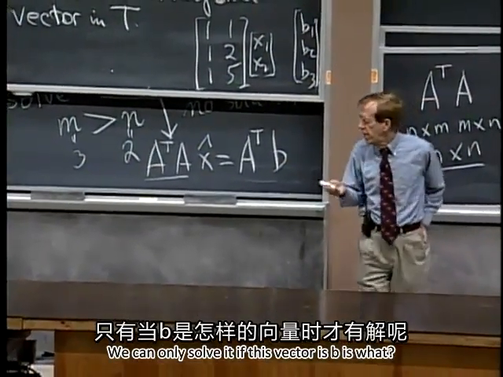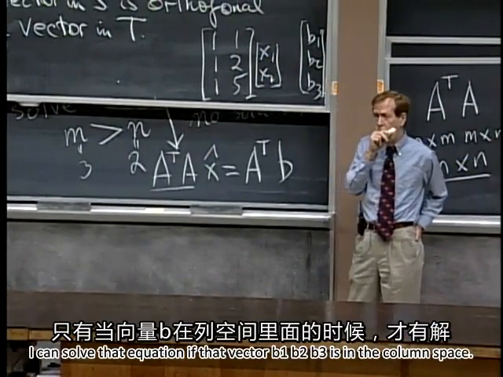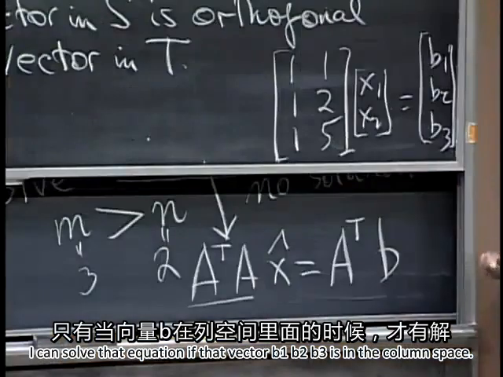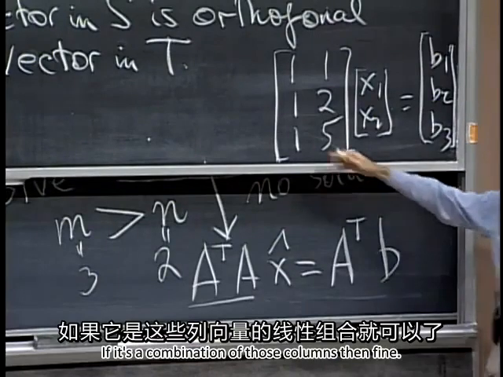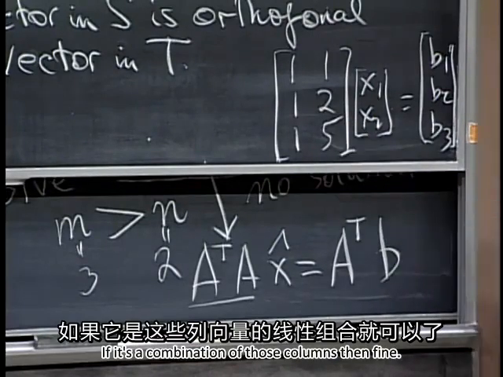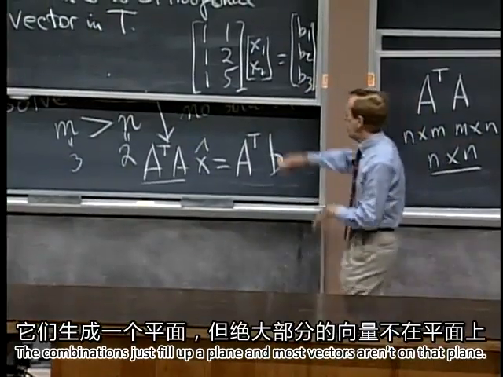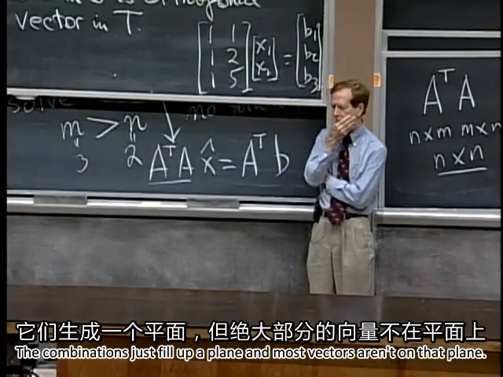We can only solve it if this vector b is what? I can solve that equation if that vector b1, b2, b3 is in the column space. If it's a combination of those columns, then fine. But usually it won't be. So the combinations just fill up a plane, and most vectors aren't on that plane.